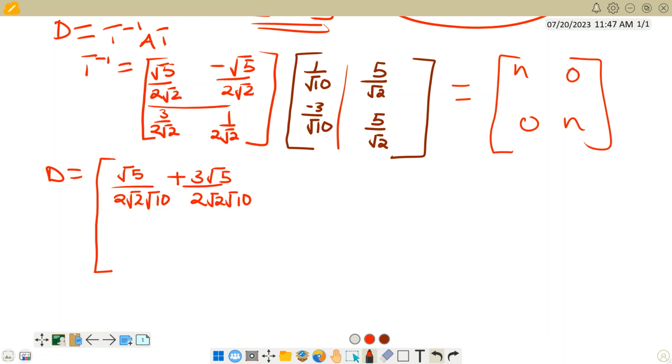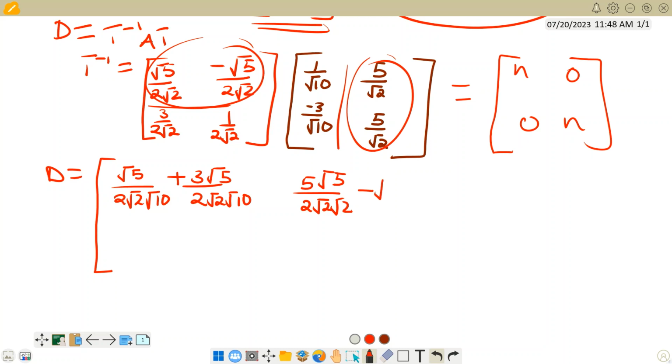Then we go to the other column, using the same row. So that will be 5 square root of 5 over 2 square root of 2, right? And then we do the other one, so this will be minus 5 square root of 5 divided by 2 square root of 2 square root of 2.